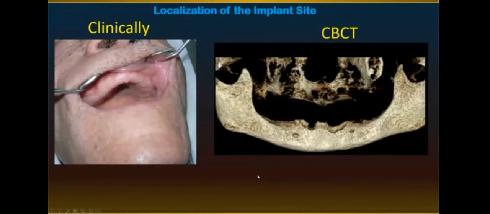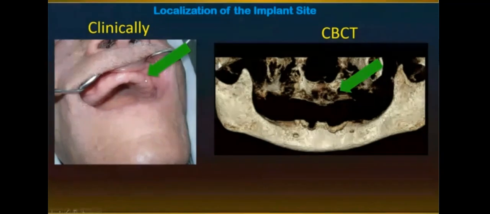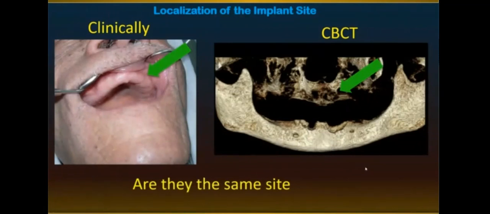If I want to put an implant in this area, in the canine area, for example, I can see that maybe this area in the patient's mouth corresponds to this area in the CBCT of the patient. The problem is I have to answer this question: are you sure that these two sites are similar? Are you sure that the measurement that you will take here is applicable or reveals the anatomy of this part of the patient's mouth? Of course not.